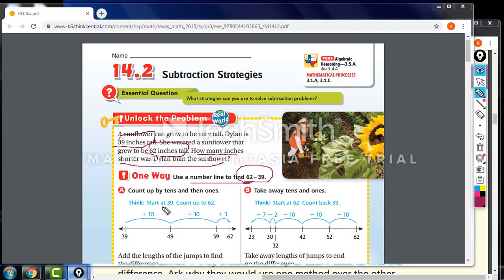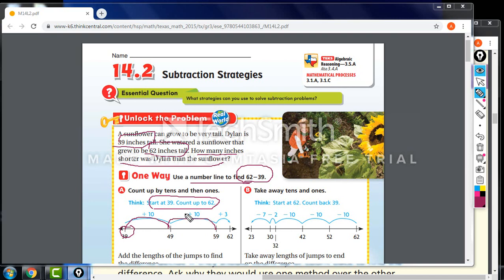We could start at 39 and then count up to 62. Start at 39 and we count by tens. So 10 more is 49, then 59. And see, we already have 20 here.